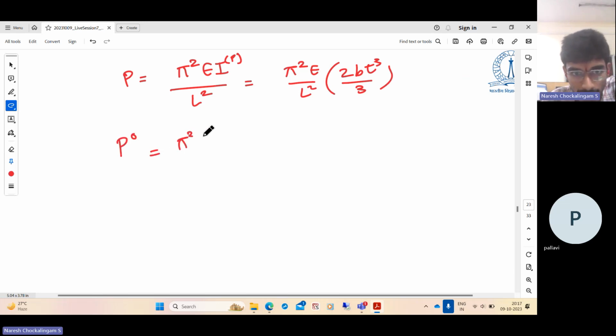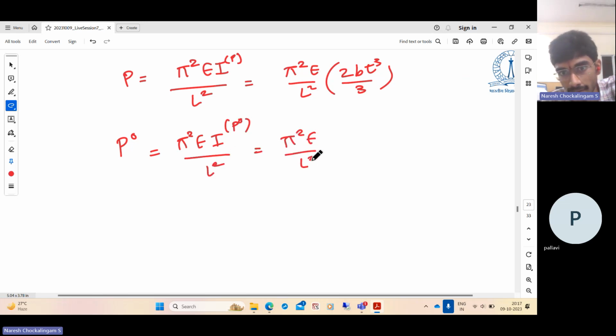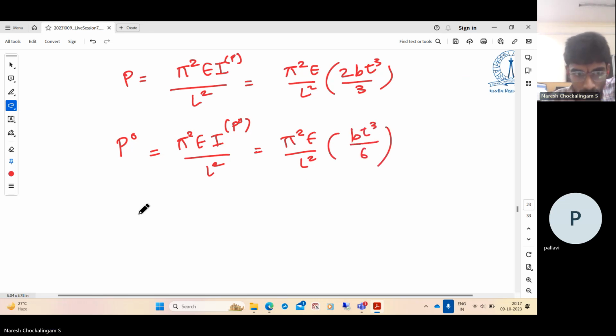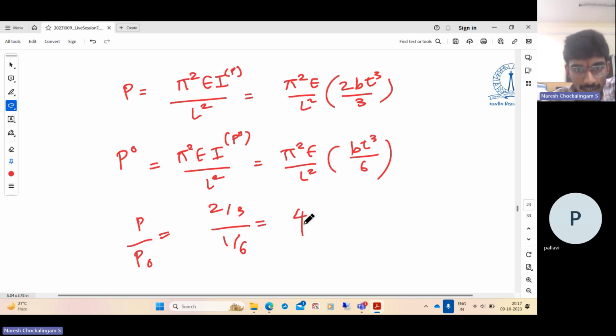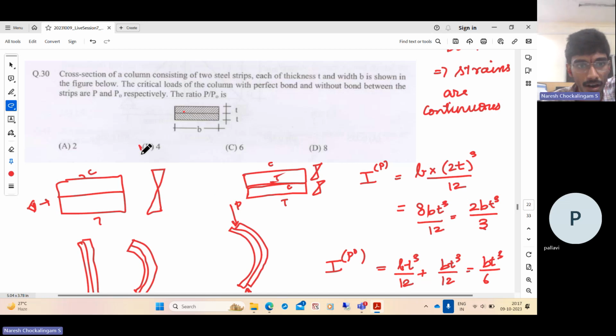P naught is pi square E I corresponding to the slip case by L square. It is pi square E by L square into b t cube by 6. So divide P by P naught. This will get cancelled. You get 2 by 3 divided by 1 by 6, which is nothing but 4. So the correct answer to this question is 4.